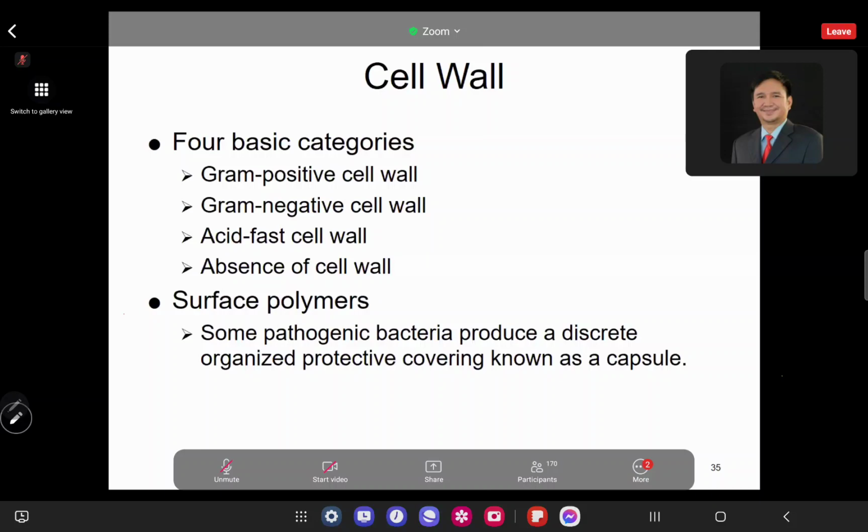Another cell wall is your acid-fast. As I mentioned a while back, Mycobacterium species. The acid-fast cell wall contains waxy lipids, making it resistant to staining. And then we have also the non-acid-fast or the absence of a cell wall like your mycoplasma.